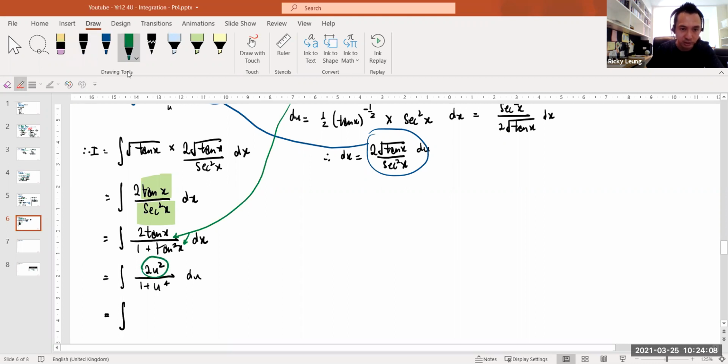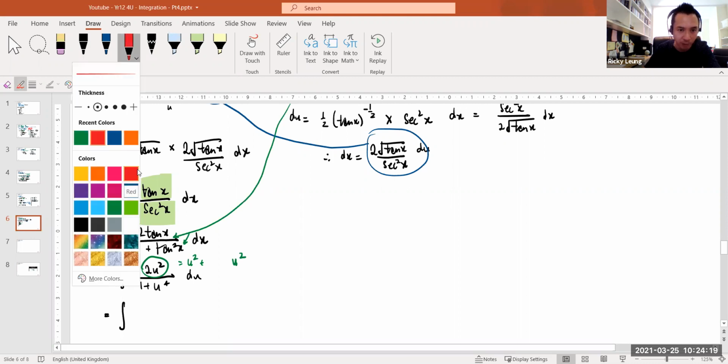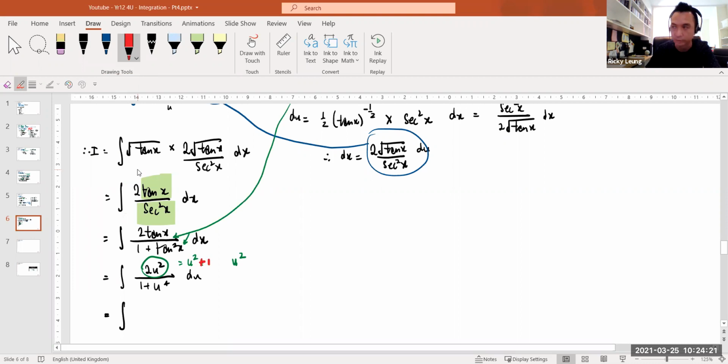Can you please replace this with u squared plus u squared? Actually, can I leave a space here, plus u squared? Because at the same time, if it's okay with you, I'm going to plus 1 and simultaneously minus 1. So I'm going to turn this into u squared plus u squared and then add 1s on both sides, to get it to look like this.